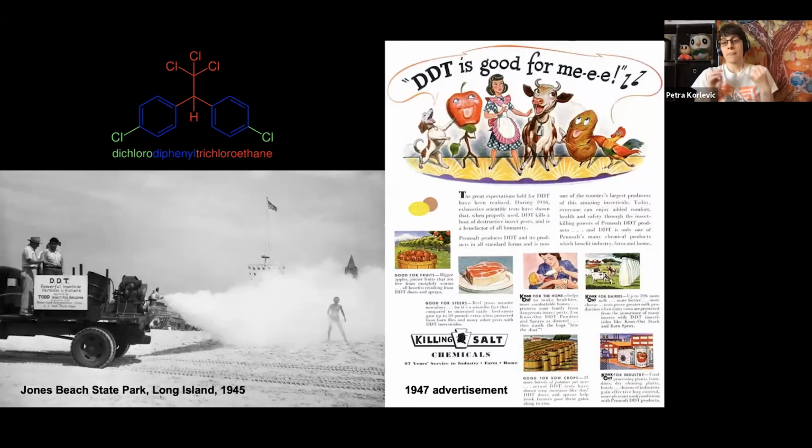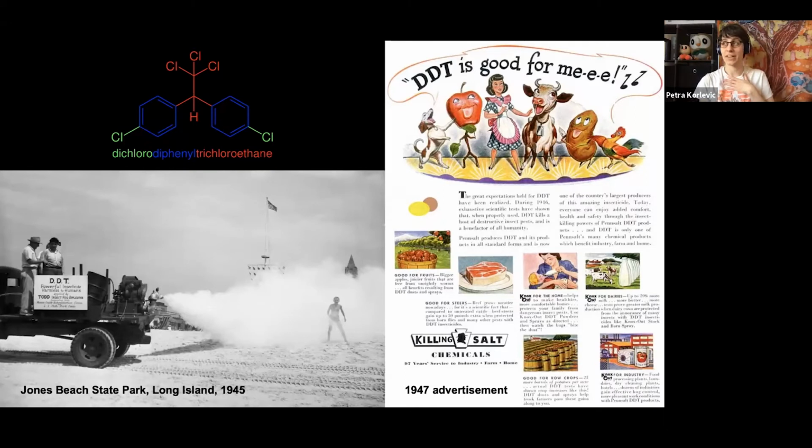It was used extensively in the US and in Europe in agriculture and to get rid of disease-transmitting mosquitoes. Then it was banned because of other side effects, among other things.